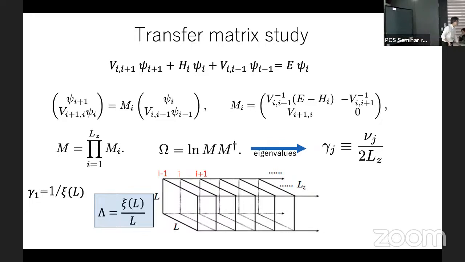It's rather technical, so if you are not interested in it, you can forget about this. But this gamma, the Lyapunov exponent, or inverse of the smallest positive Lyapunov exponent, corresponds to the inverse of the localization length. And this localization length is the localization length along the bar, which is normalized by the size of the cross-section to define the non-dimensional scaling value.